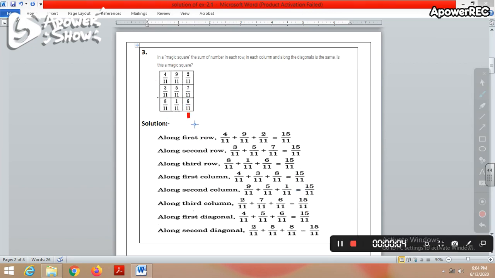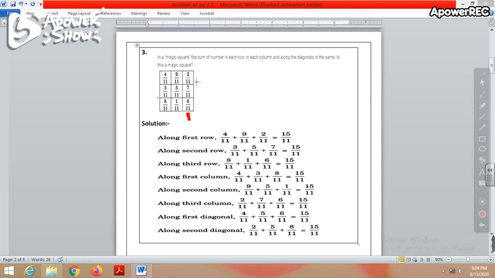Now along the third column the sum of numbers is 2 by 11 plus 7 by 11 plus 6 by 11, which is equal to 2 plus 7 is 9, 9 plus 6 is 15. So 15 by 11. So along my third column the sum of the numbers is 15 by 11. Now I am going to find out the sum of the numbers along my first diagonal.